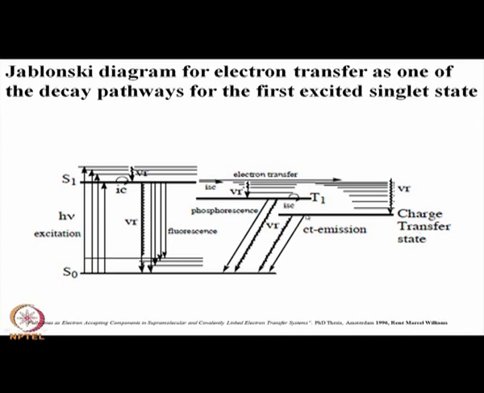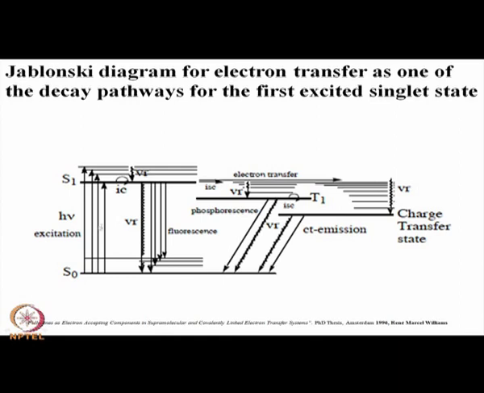And the emission you get is this charge transfer emission. Okay. And this is your phosphorescence emission, this is your fluorescence emission, and this charge transfer state in some cases gives rise to charge transfer emission, or in other cases the charge transfer emission is not there, just non-radiative decay to the S0 ground state.